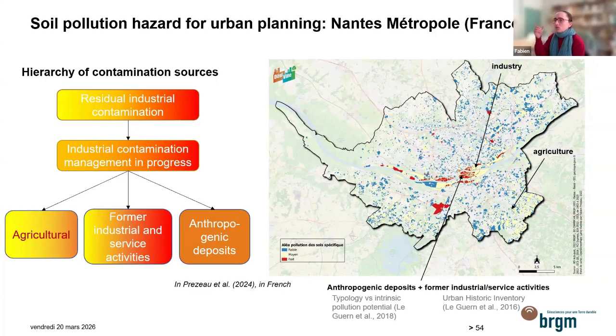And in some places, you have a superposition or combination of various pressures, like here in the center of Nantes, where you have the anthropogenic deposits that were mapped, modeled in some places of the city, with development of a typology of anthropogenic deposits according to their intrinsic pollution potential. And in this area we also have a more detailed knowledge of industrial pressure with urban historic inventories with very precise location of the former industrial sites.